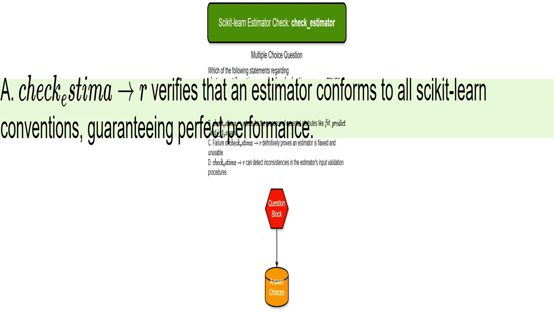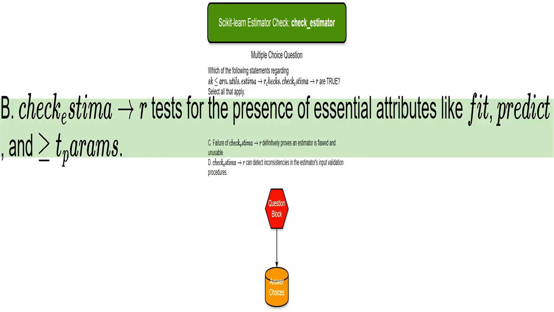This option states that _check_estimator confirms an estimator aligns with all scikit-learn rules, thereby ensuring flawless performance. This needs careful consideration. This suggests _check_estimator verifies if crucial methods like fit (training), predict (prediction), and get_params (getting model settings) exist.